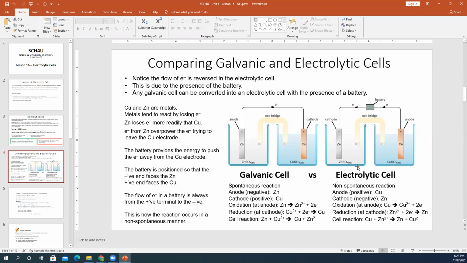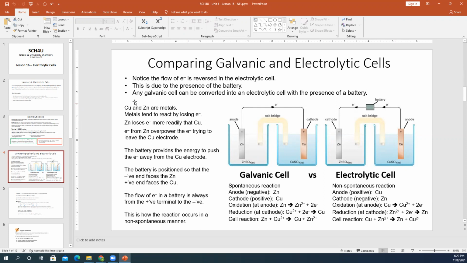And notice in the electrolytic cell, the flow of the electrons is reversed, flowing in the other direction. Instead of from zinc to copper, it's being forced to flow from copper towards zinc. And this is due to the presence of a battery. We need a battery to provide the energy to do that. And any galvanic cell that you have set up can be converted into an electrolytic cell just by putting in a battery.